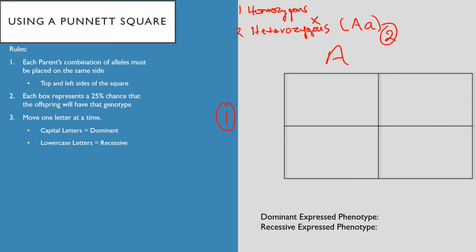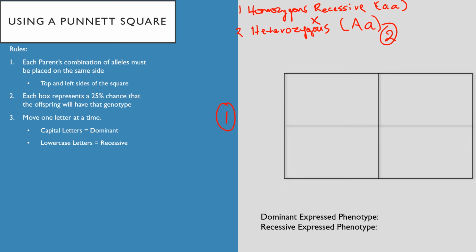In fact, let's say we have a homozygous recessive, which is characterized by two lowercases because they have a phenotype that shows a recessive trait.